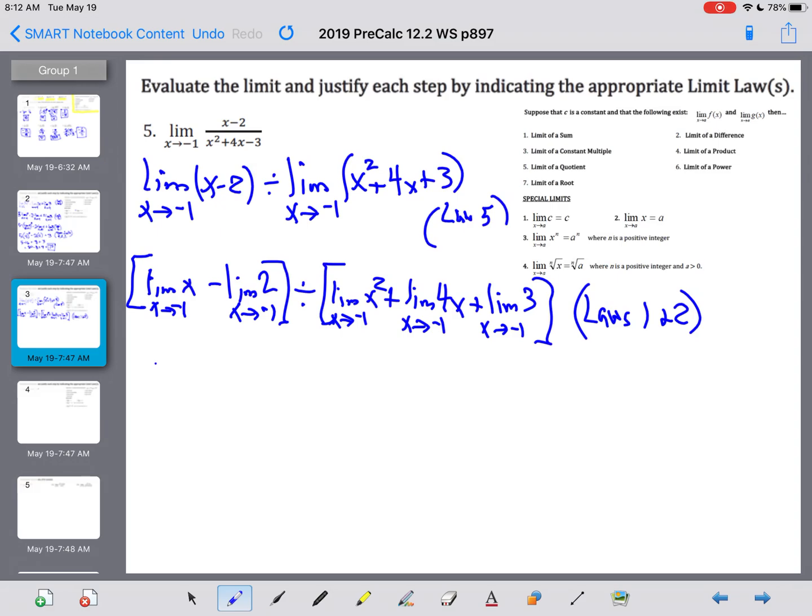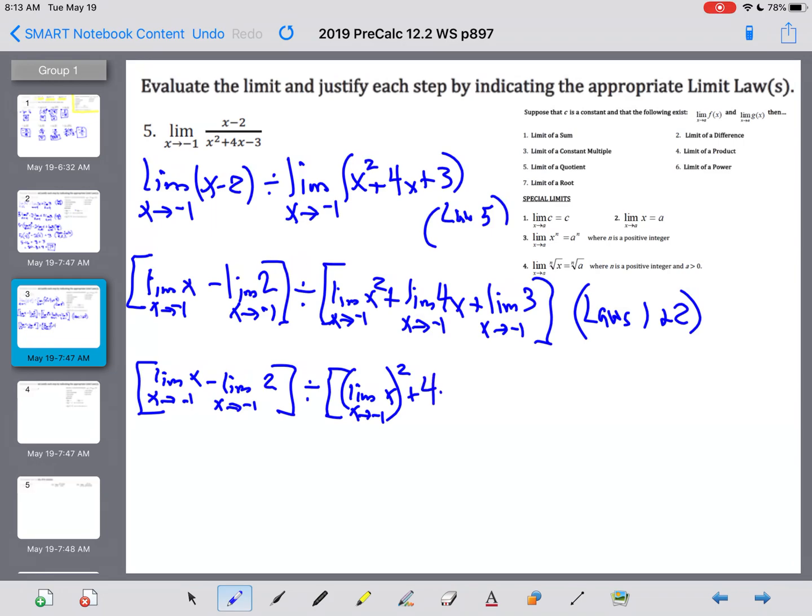Now this first one is kind of ready to simplify, but I got a little bit of work left on the quotient. And so I'm just going to rewrite these first ones here. Well, I'm going to do a combination of the power and the constant multiple here. So I'm going to get the limit of x as x approaches -1 squared.